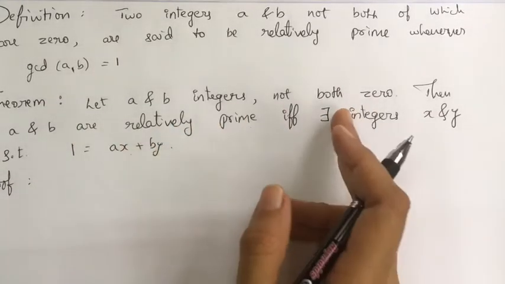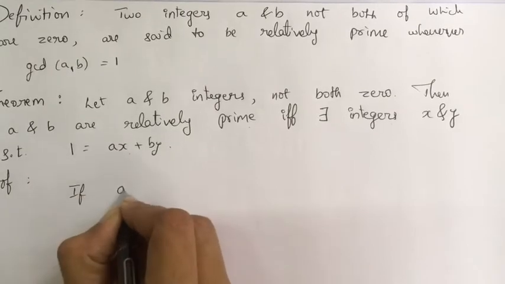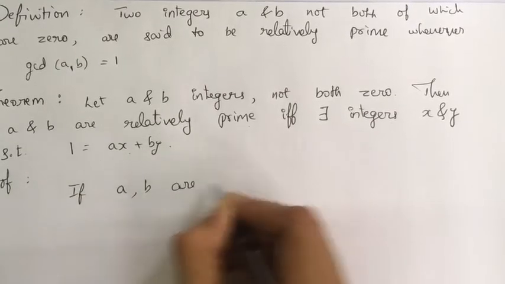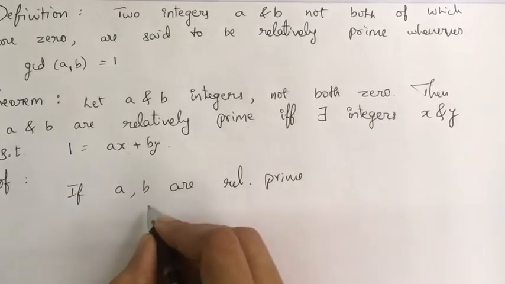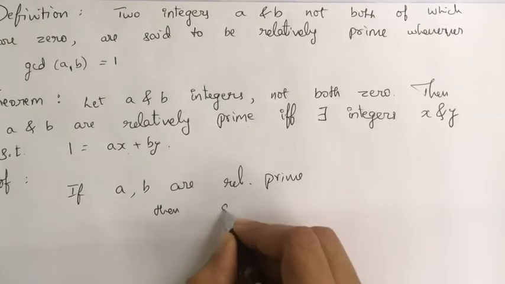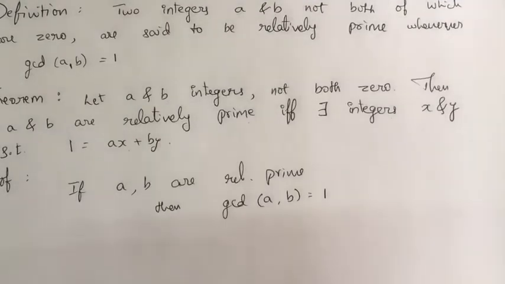If A and B are relatively prime, then I can say that GCD is equal to 1. This is by definition.